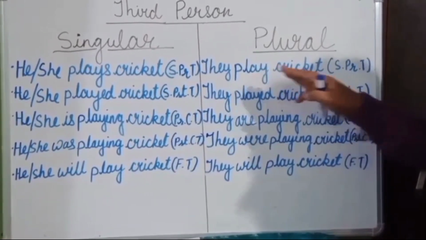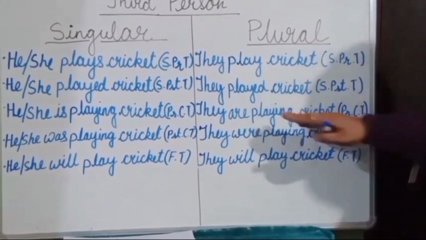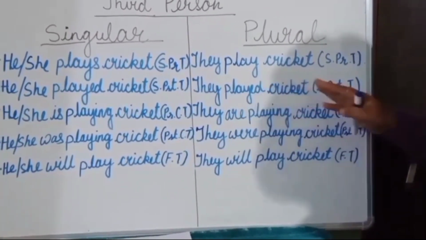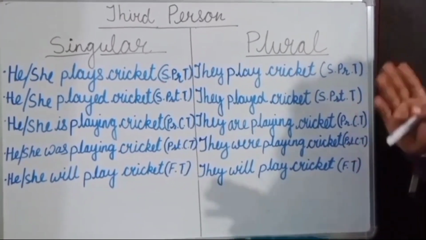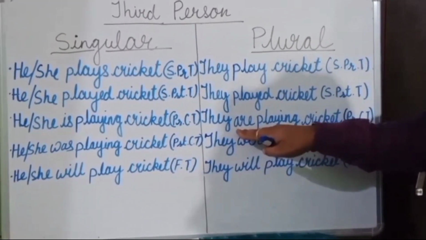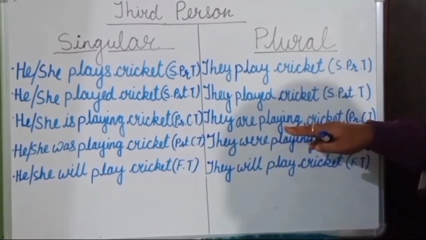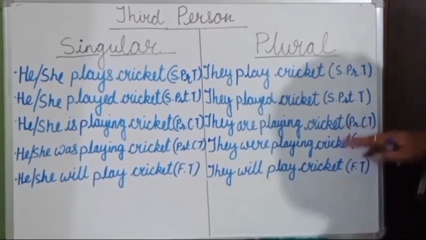They play cricket. In simple past tense, we will use the second form of verb. They played cricket. In present continuous tense, we will use the auxiliary verb are and fourth form of verb. They are playing cricket.